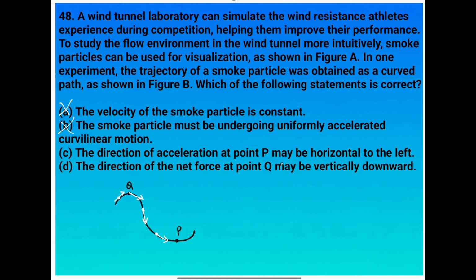The direction of acceleration at point P may be horizontally towards the left. If we draw the acceleration that is acting on the particle at point P, the first will be due to the centripetal force, that will be in this direction, and the tangential force will be in this direction. So the net force that is acting on the particle will be in this direction, that is towards the right. So according to this, option C is also wrong.